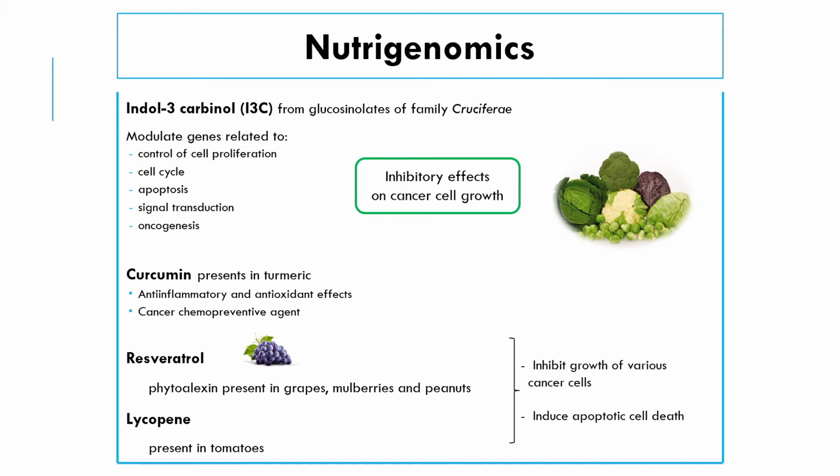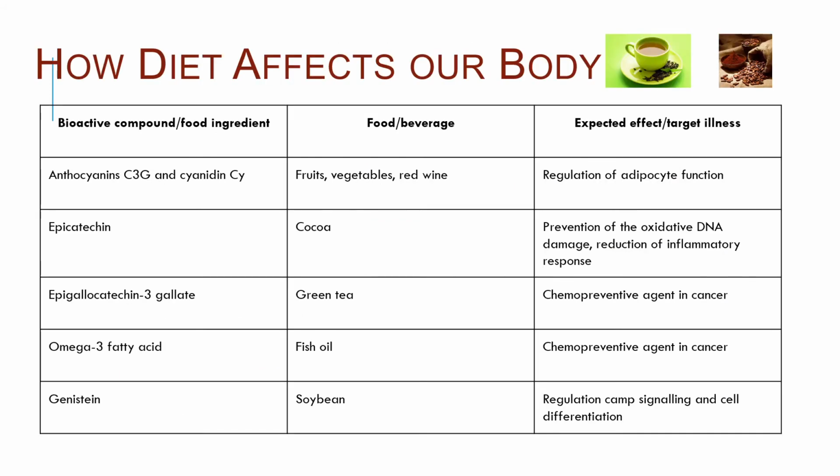Mulberry, Persian mulberry, peanuts, they inhibit also the growth of various cancers. The lycopene, they say, is present in tomatoes. I think watermelon has more than even the tomatoes. And so you can see how a lot of this, as we move forward, is really going to change the nature of even how people treat diseases.